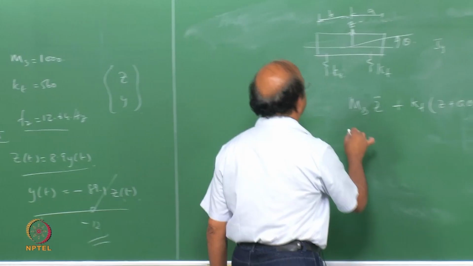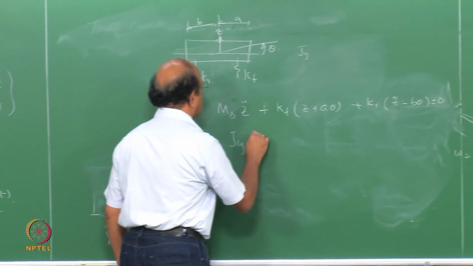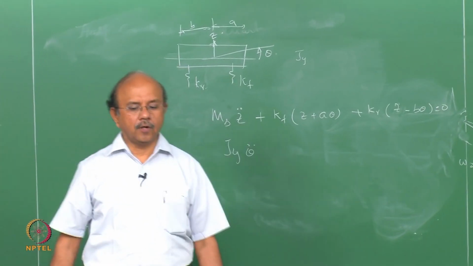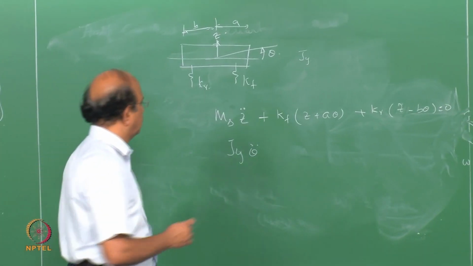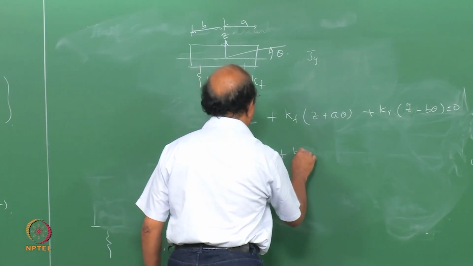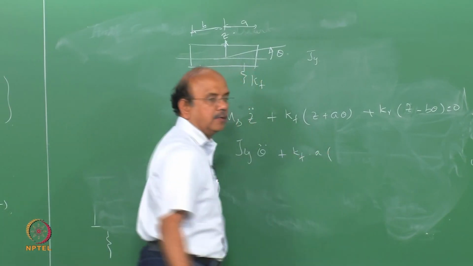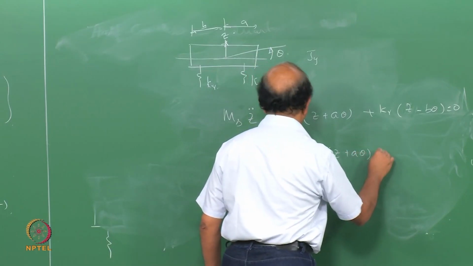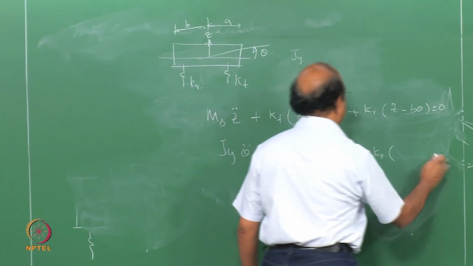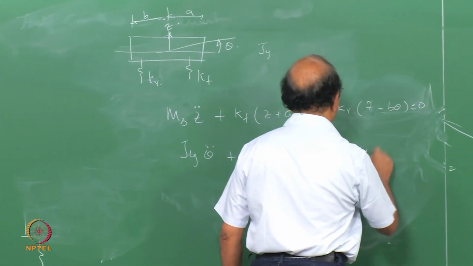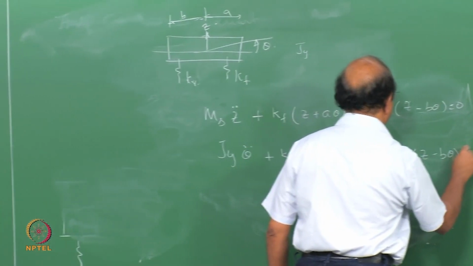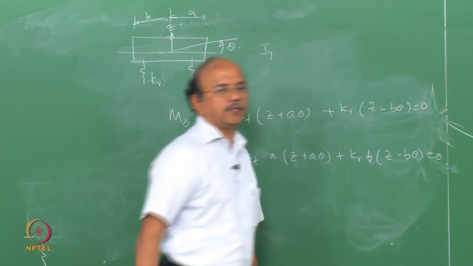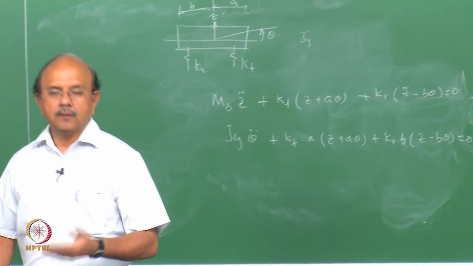My second expression is JY into theta double dot plus KF into A into Z plus A theta. These are the two equations.